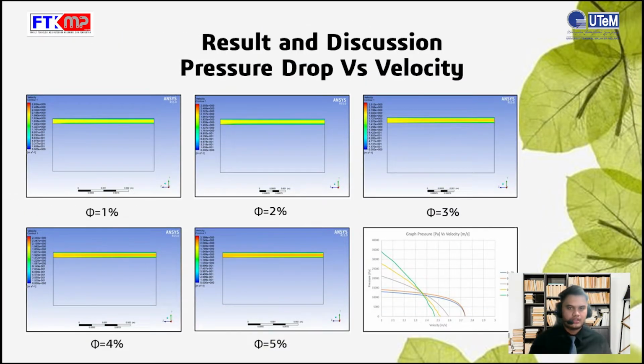So next, the velocity contour for 5 concentrations and the graph for pressure versus velocity. As you can see, the contours of 1%, 2%, 3%, 4% and 5% for the velocity.